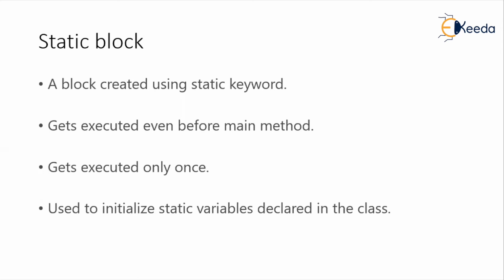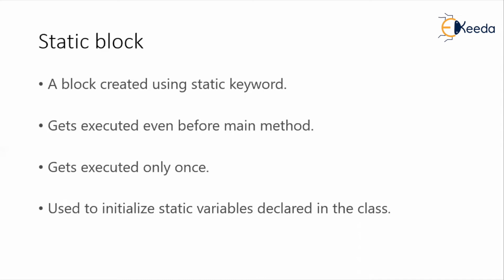What code can I write in this static block? Whatever static variables I have declared in my application, the initialization of those variables can be written in this static block.